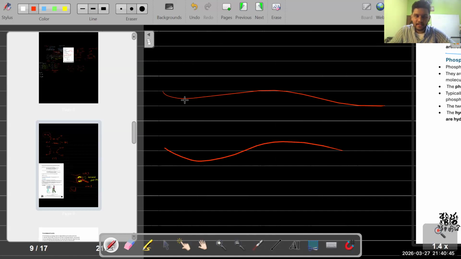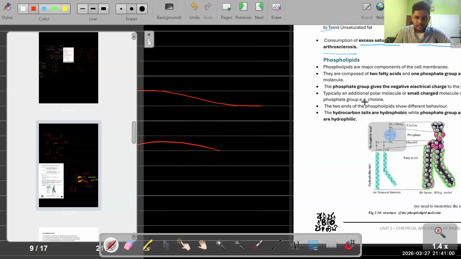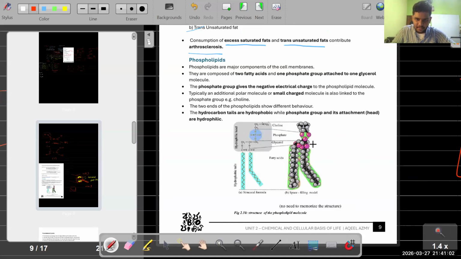Now, if this is the plasma membrane, it will be looking like this. These are called phospholipid molecules, like this. Can you understand? See here. Phospholipid has a shape like this, right? This is the shape. So this is how it will be looking like.